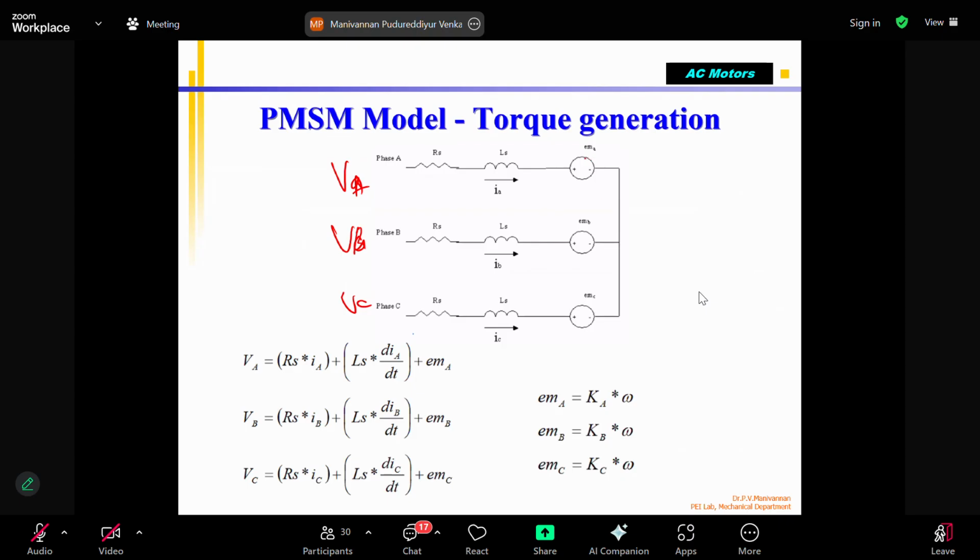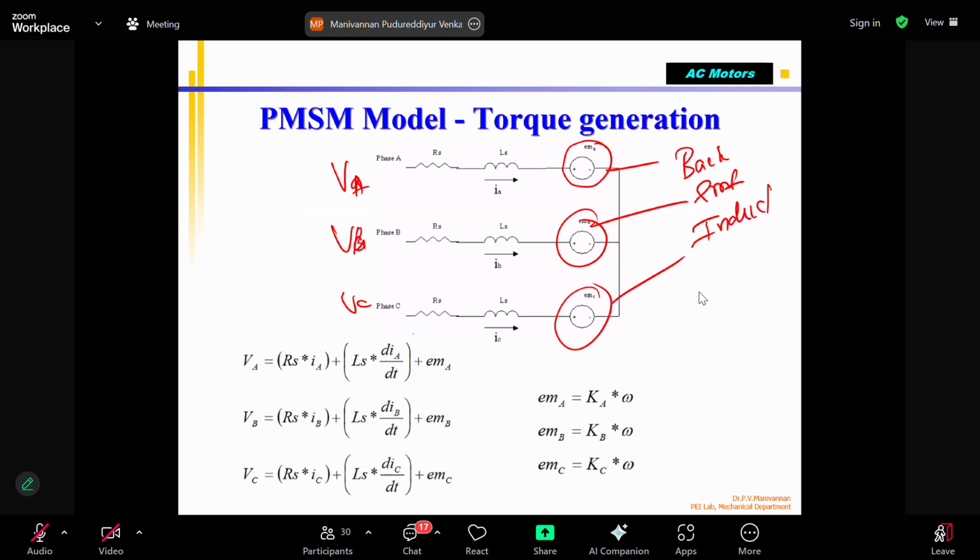Apart from that, there is another EMF, called back EMF, induced in the stator coil due to flux from the rotor. The rotor is a permanent magnet. It is rotating, and that flux will be cut by these coils, so there is a voltage. That is called back EMF. That back EMF is also in series with the supplied voltage.